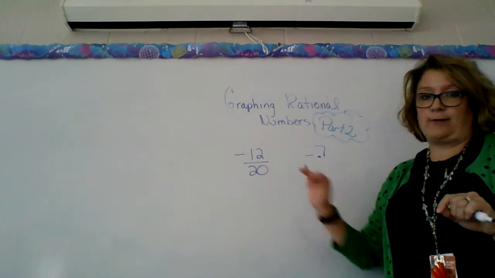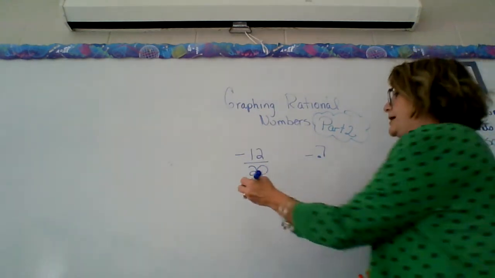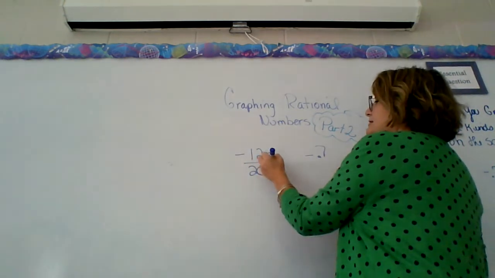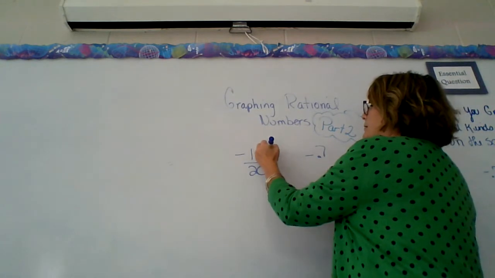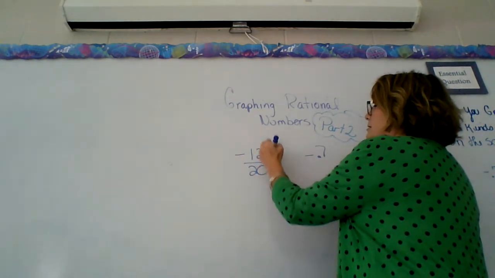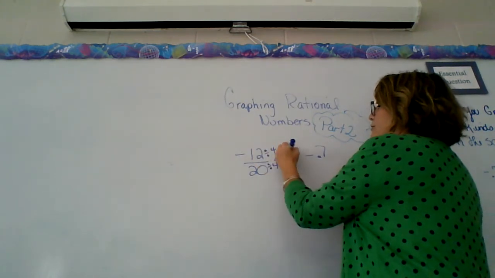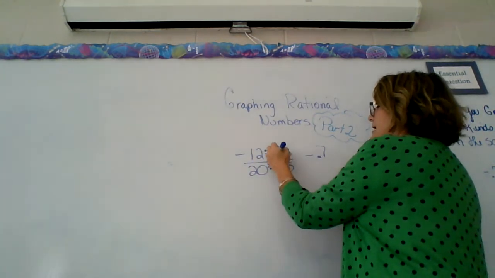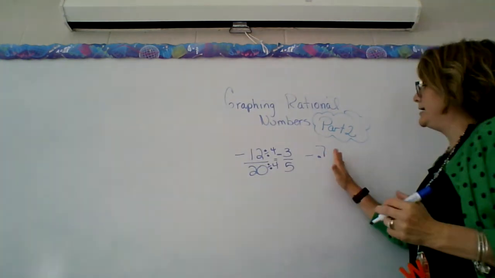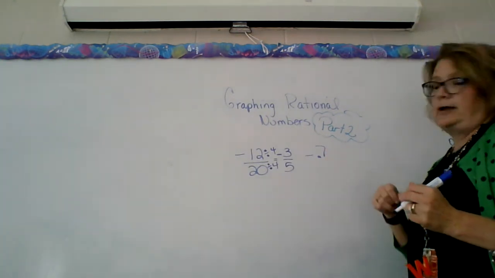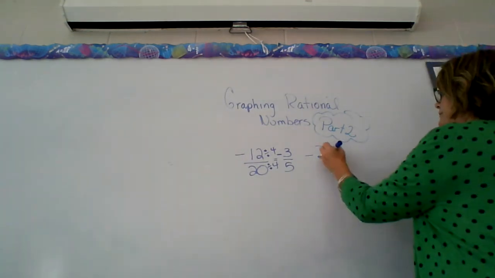However, if I look here, I'm looking at a fraction that's not in simplest form right now, so I might want to start by simplifying. If I divide both parts of this by the largest number they have in common, which is 4, I get negative 3/5, okay? And now if I go over here, it's negative 7/10.